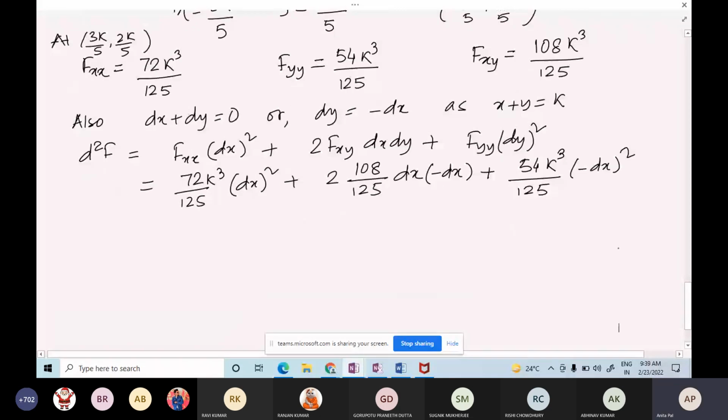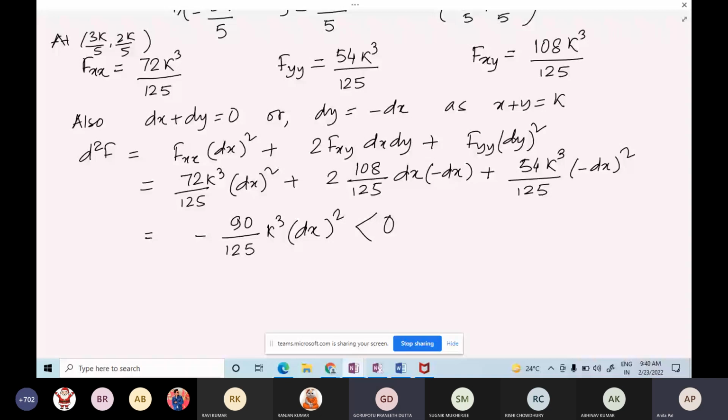Now if we simplify this, we will get minus 90 by 125 k cube dx square. Since k is a positive constant, this is less than 0. If d2f is less than 0, then f is maximum at the point 3k by 5 and 2k by 5.